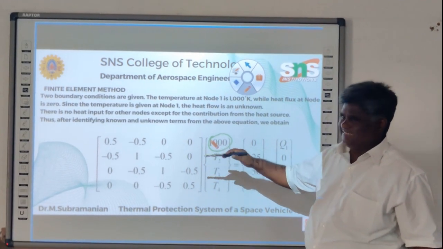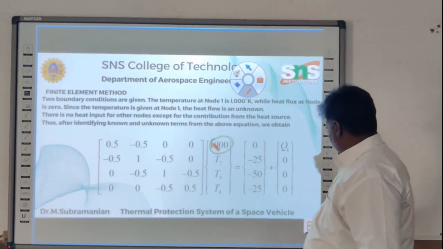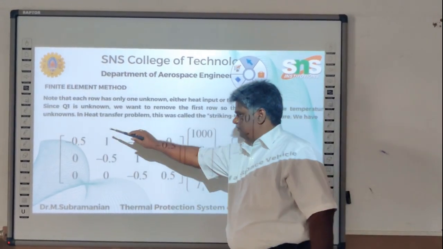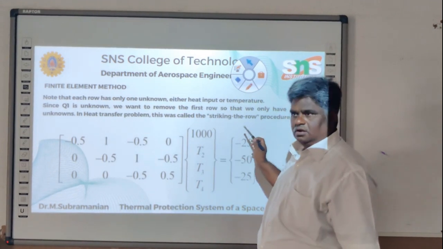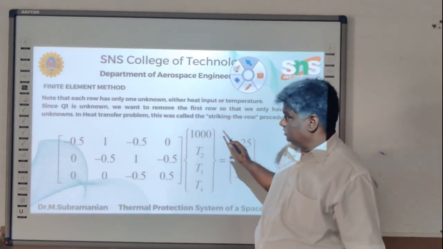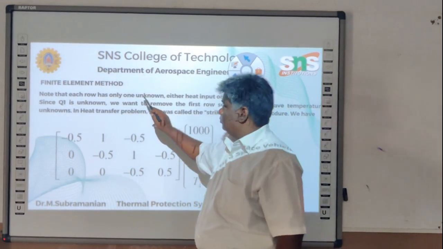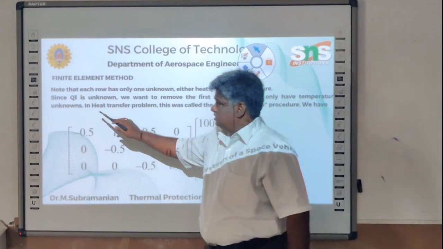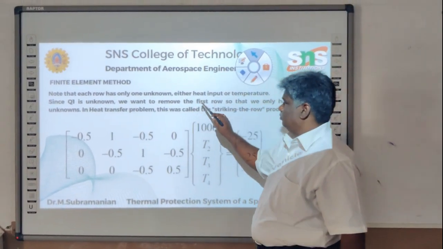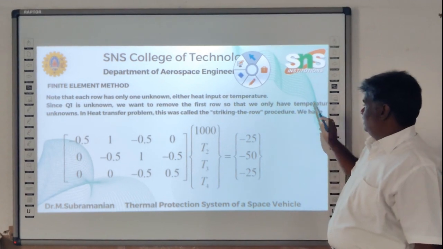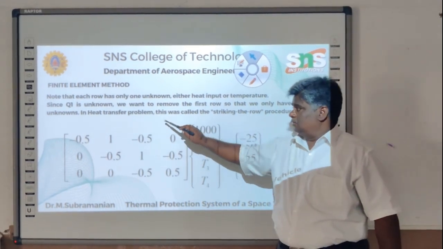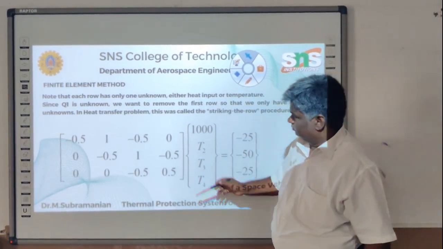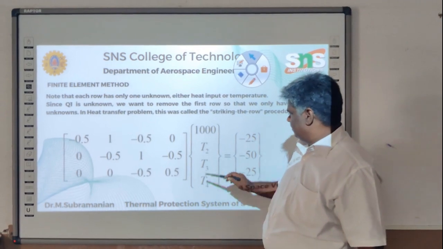So we are using the striking row approach. Note that each row has only one unknown, either heat input or the temperature. Since Q1 is unknown, we want to remove the first row so that we only have temperature unknowns. In the heat transfer problem, this is called the striking the row procedure. We remove the first row, so you can simplify this equation.